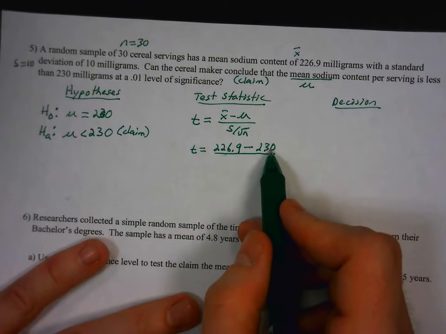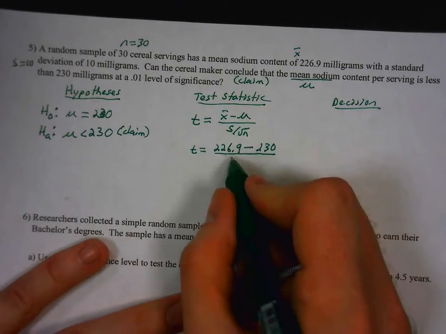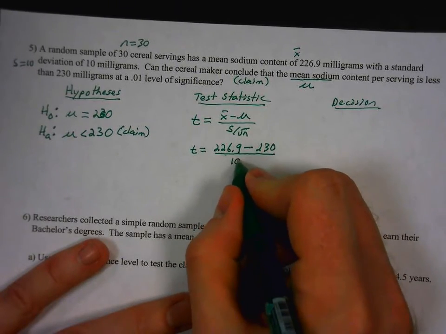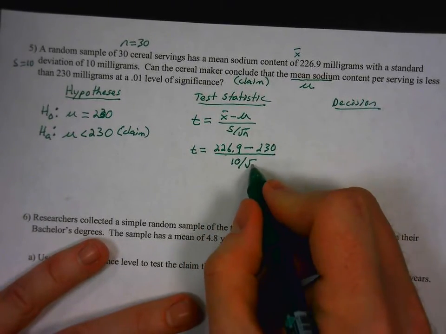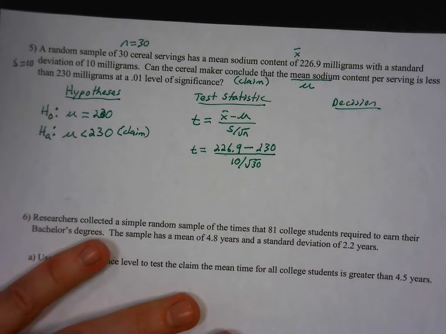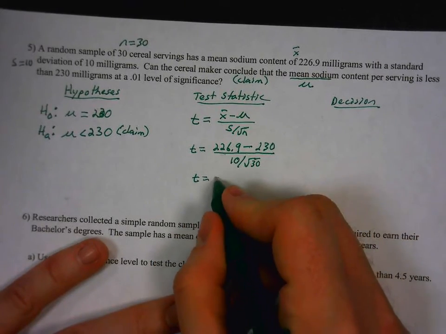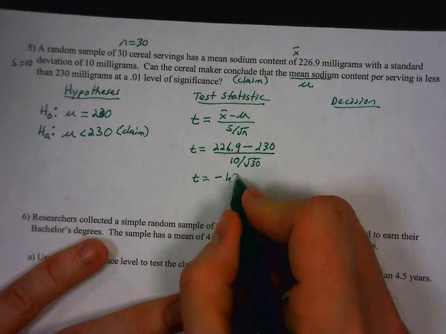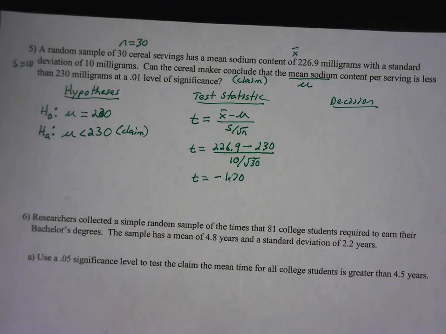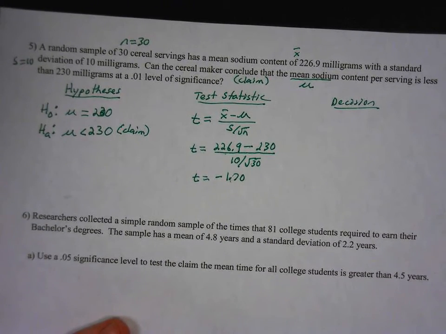We're assuming that 230 was true. And then divided by S, which is 10, over the square root of N, which is square root of 30. When you do those calculations, you get T equals negative 1.70. So that is our test statistic, negative 1.70.